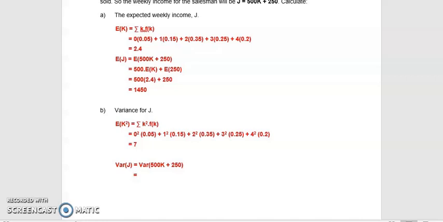Take out the constant, and if it's a constant, don't forget to square it. So 500 squared multiplied by the variance of K, plus the variance of 250. Now we find the variance.